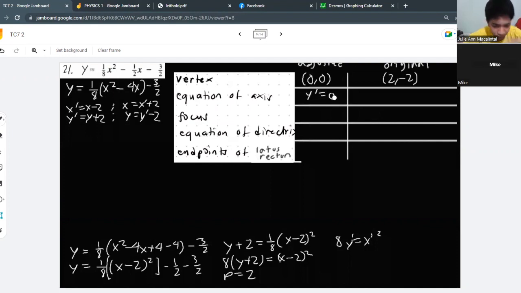So the axis of symmetry is, and then what is the focus? So P is 2.